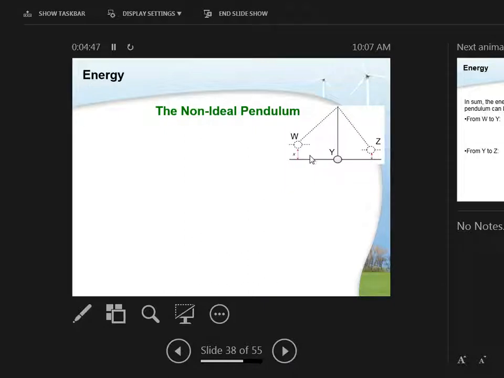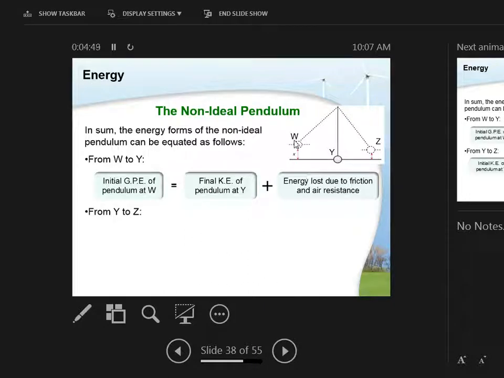Okay, so likewise for the ideal pendulum, initial GPE at W, we are not pushing it, we are just dropping it, so no kinetic energy at W. When it goes down to point Y, at point Y, there is only kinetic energy. We say that there isn't any gravitational potential energy because it's at the lowest point. And then we also have energy loss due to friction and air resistance.